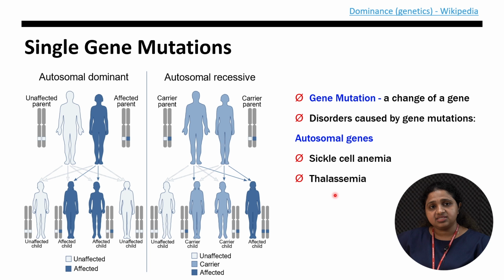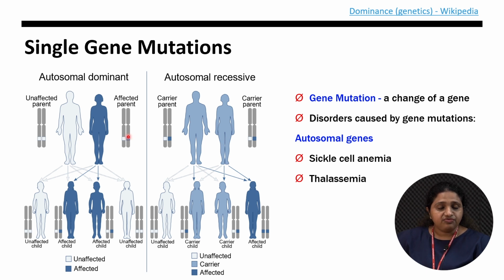There are two ways that hereditary diseases of autosomal genes can be passed on: autosomal dominant and autosomal recessive. Autosomal dominant means the change happens in the dominant gene in the autosomes. Let's say this is the dominant gene and it is changed in the mother.